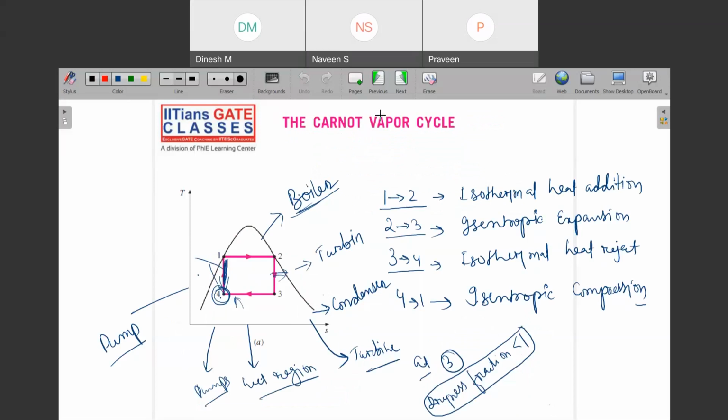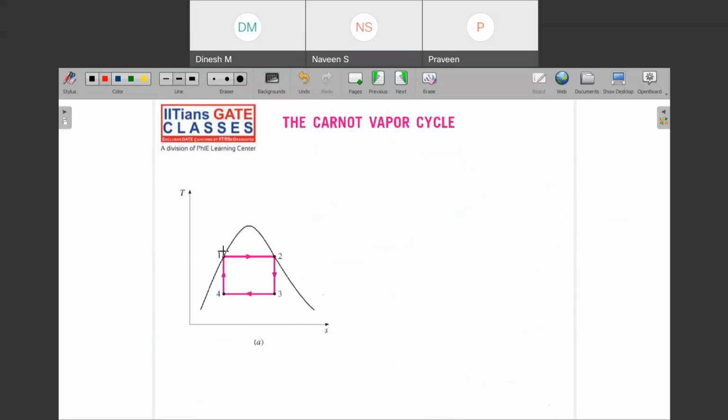yeah. So your process has started from this point. Like here you have added some heat to the fluid, and then you have expanded this fluid in the turbine, and then you rejected this fluid's heat. And then what you have done is that you have increased its pressure with the help of pump.